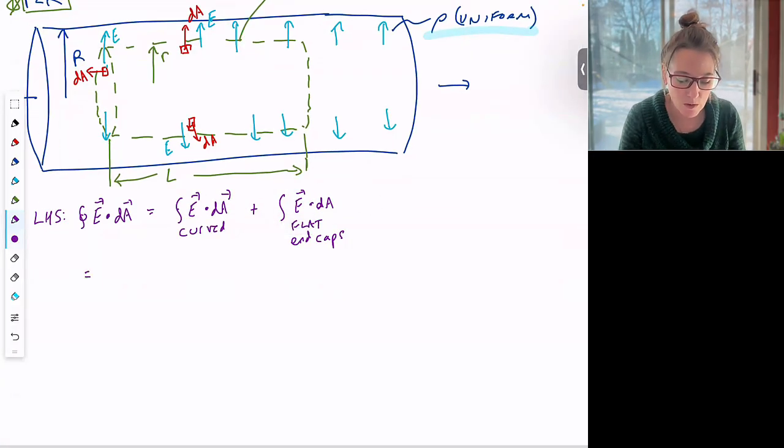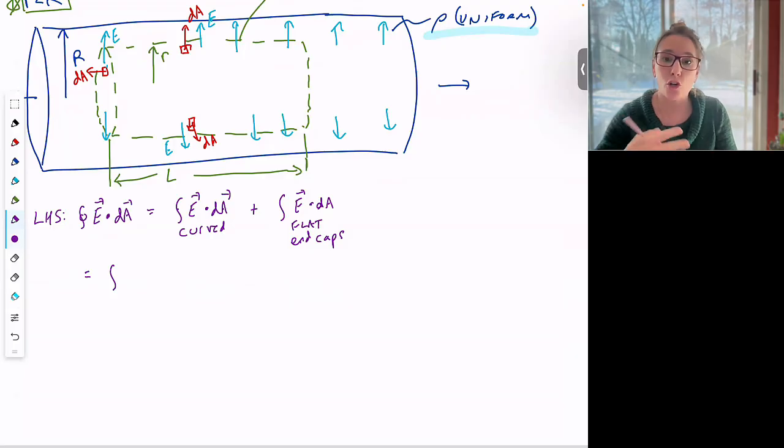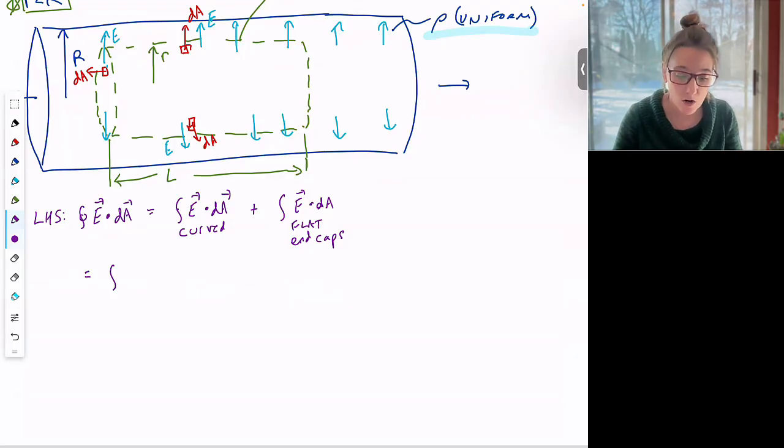Then for the curved surface, I can see E and dA are parallel, and E everywhere is going to be constant on that.